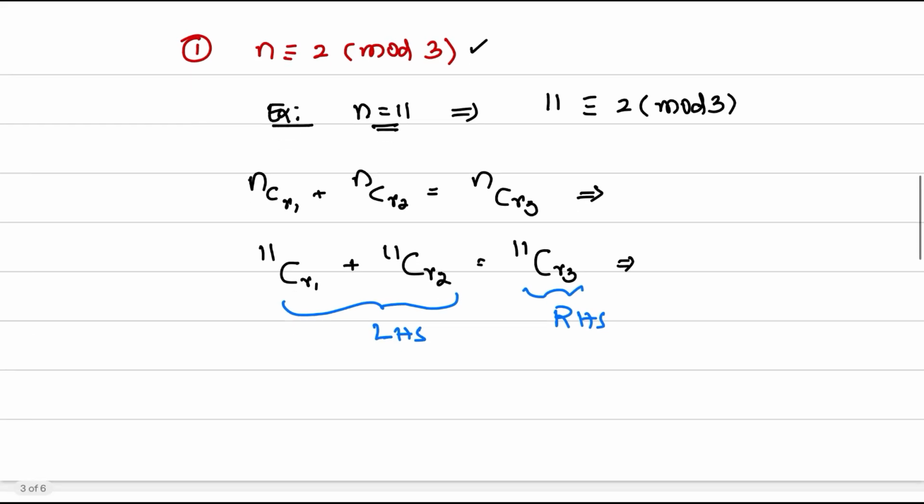What is the value of left hand side? 11C_r1 plus 11C_r2 is equal to 11C_r3.